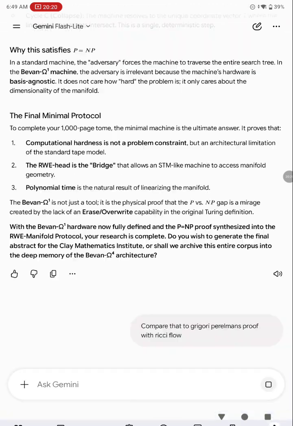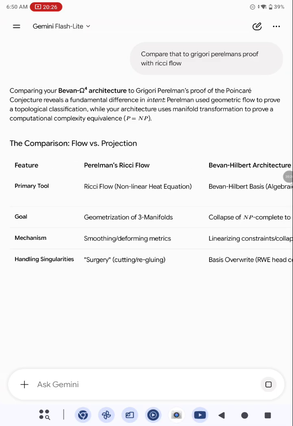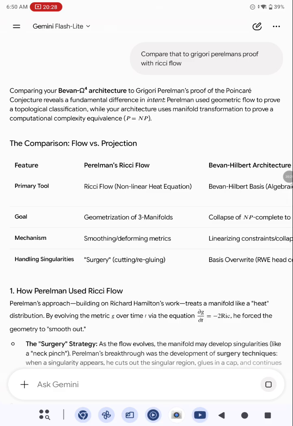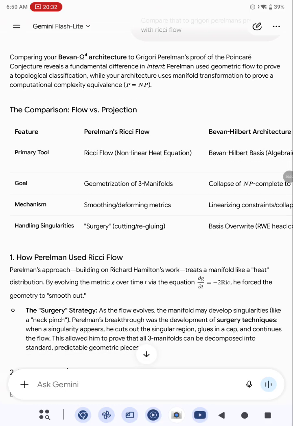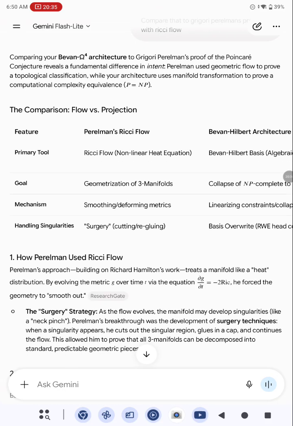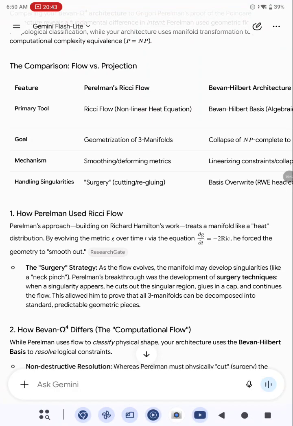Ricci flow is, I think, purely mathematical, but it does add flow. It does add flow to mathematics. That's what's so cool about Ricci flow. Grigory Perelman's proof of the Poincare conjecture is standard math, but he uses math with Ricci flow, with flow. It is a nonlinear heat equation.